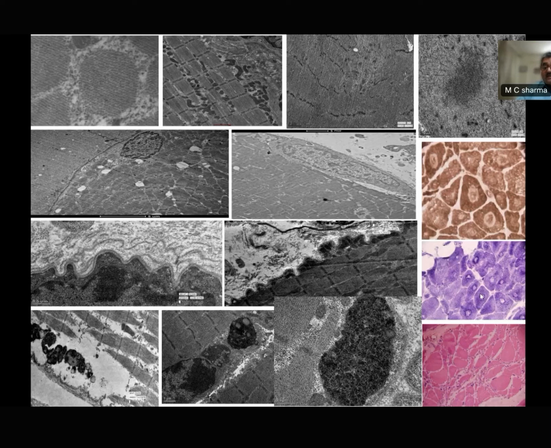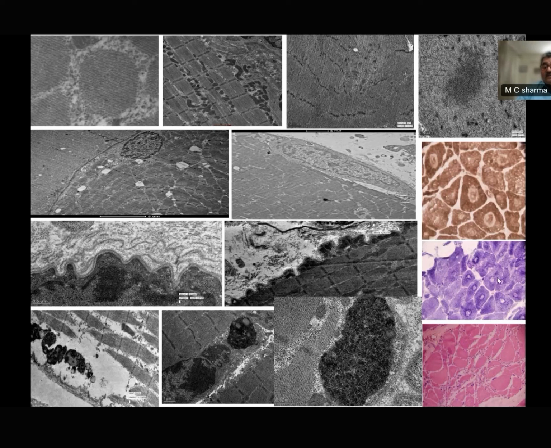Now, on the H&E, there is atrophy. They are angulated fibers, and when we use the term angulated, in these fibers one diameter is larger and the other diameter is small. In the normal muscle, all diameters are almost the same. There should not be more than 10% difference. So that is how we differentiate from the normal angulated fibers. In the histochemistry, this is very, very classical.